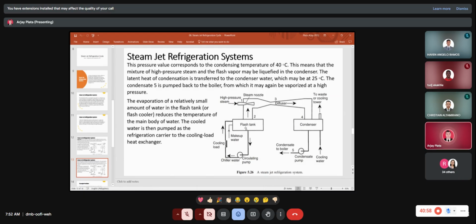So the cold water, or what we call the chilled water, is then pumped as the refrigeration carrier to the cooling load exchanger. So refrigeration happens here at the cooling load exchanger.